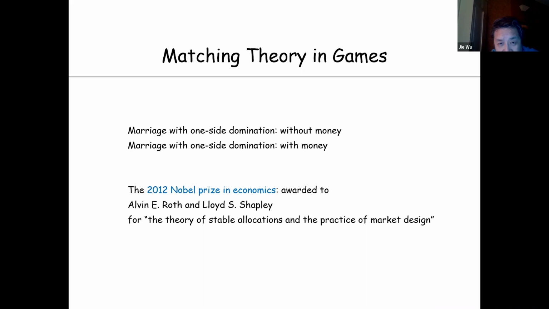We call this one-side domination. So how can you rearrange the marriages so that all the girls are happy, getting what they want, and also avoid internal fights? All these things are mechanism design, meaning you need to satisfy some kind of property.